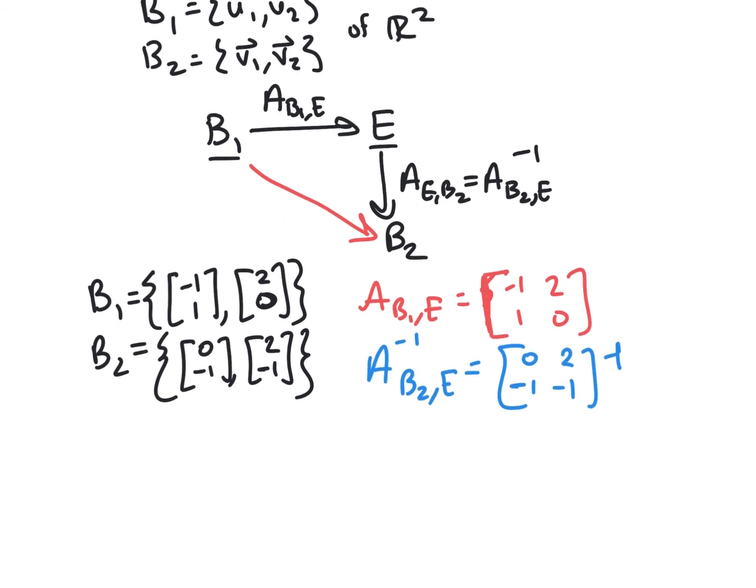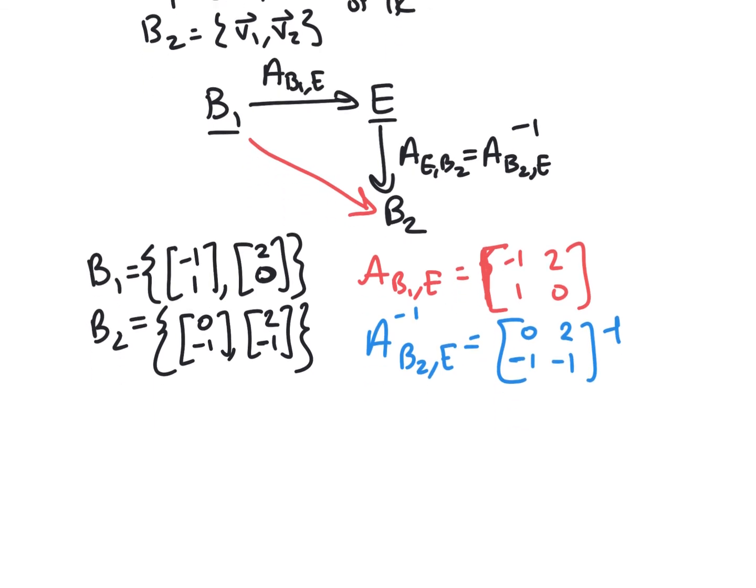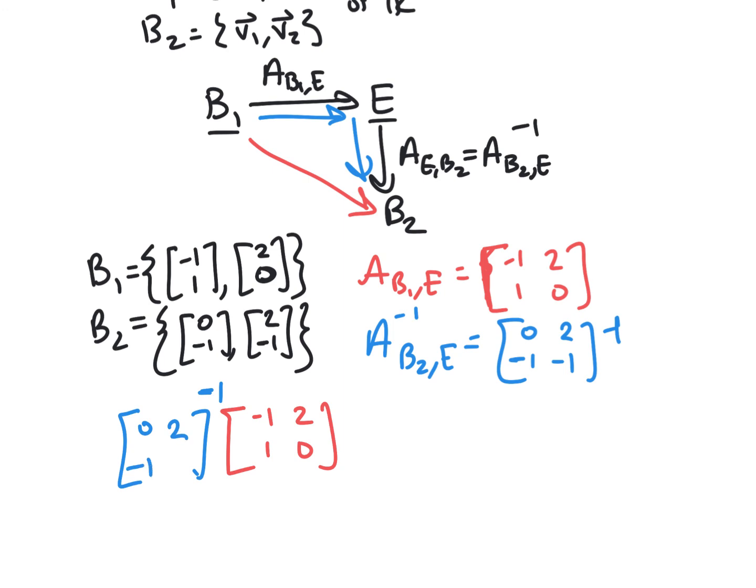And then what order are we actually doing these? So we go to the standard first and then down. And so again, we want to multiply on the left each time. And so it's actually going to be (-1, 2), (1, 0). And then on the left, we want to multiply by this guy's inverse. So you want to think like function composition, we're going inside out. And so this just so happens to be -1/2, -1/2, -1, 1, if you're interested.